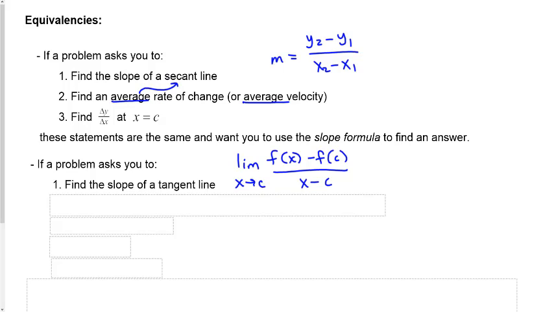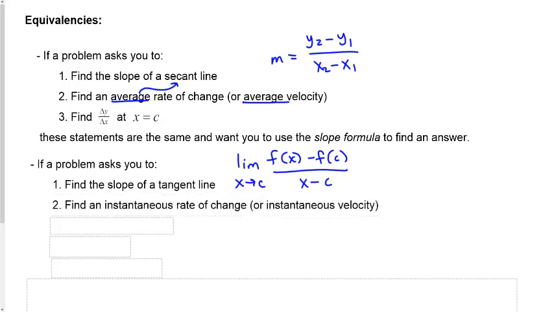If it asks you to find instantaneous rates of change, the key difference is instantaneous items, or instantaneous velocity for that matter. This is happening at a single point, a single instant in time. That means you need a tangent, to do this limit here.